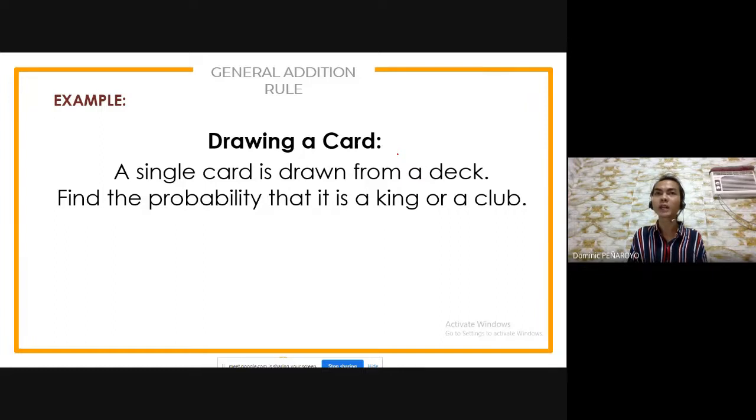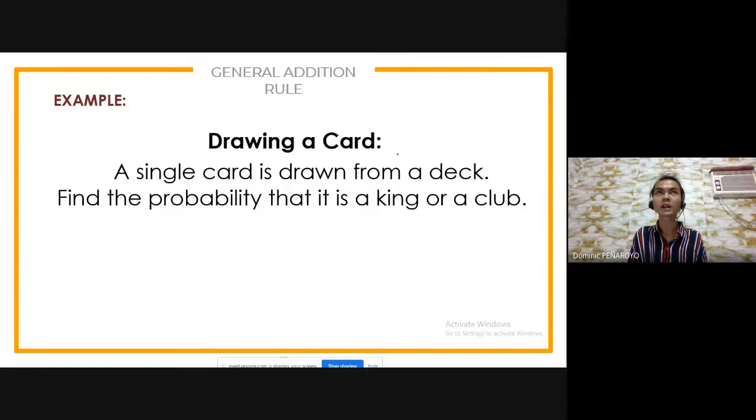Okay? Sa mga face cards, meron tayong king, queen, and jack. And then, ano pa ba? Meron tayong letter cards, that's alas, and then still jack, king, and queen.